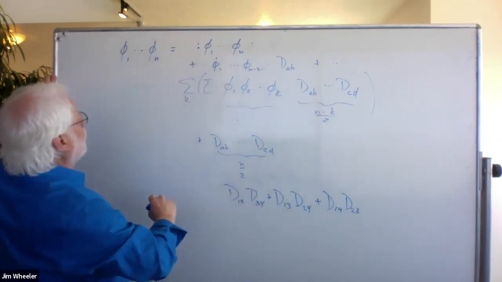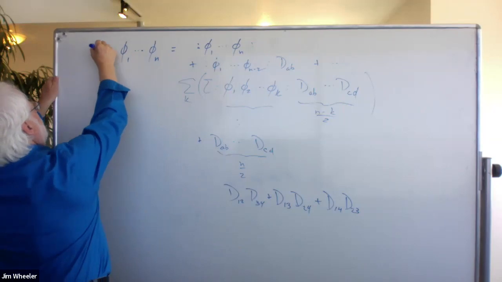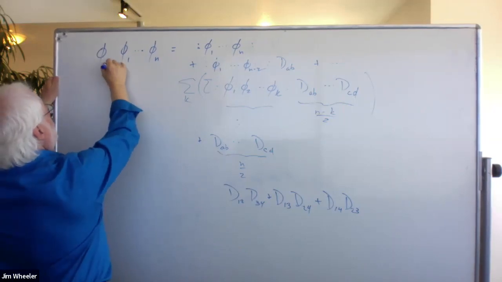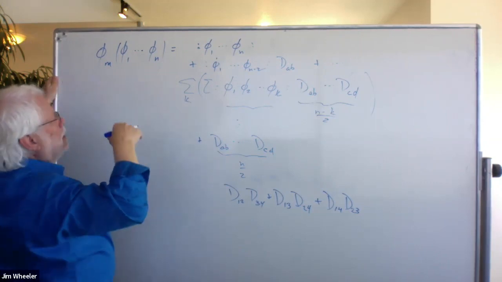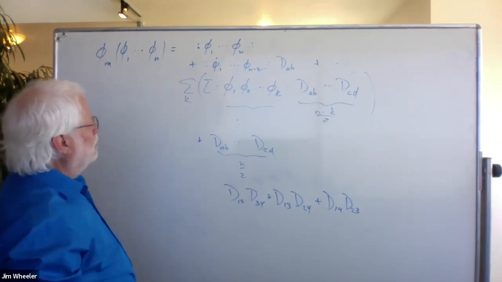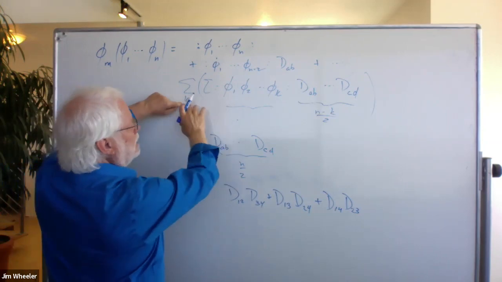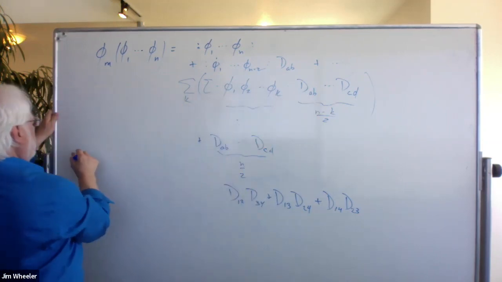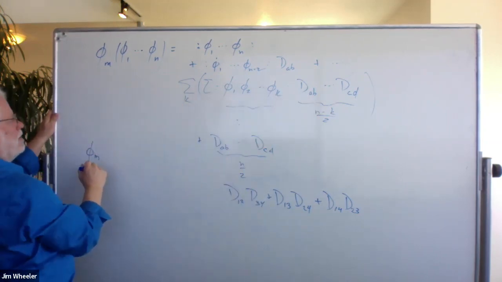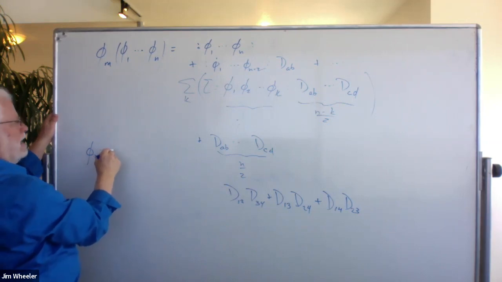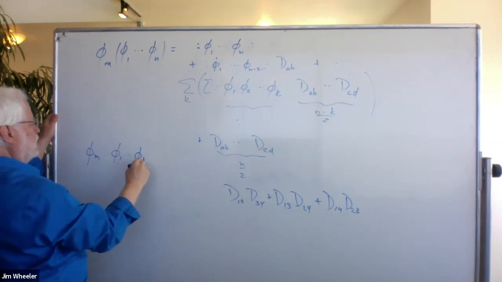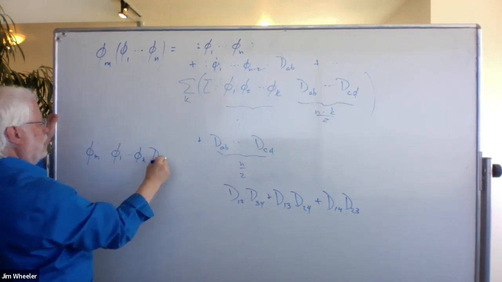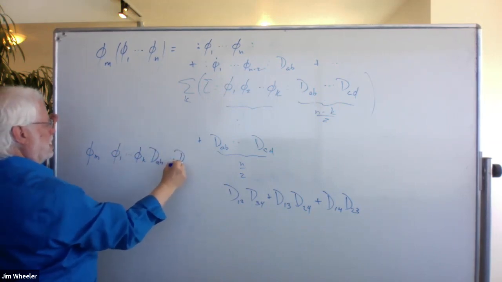Now bring in one more φ. So φ, let's bring in φ_m here. Okay, then what's going to happen on, say, the kth term? So we've got φ_m coming in, and at the kth level, we have k fields here, and then we have d possible d's.